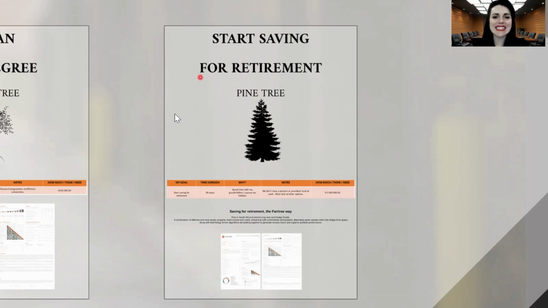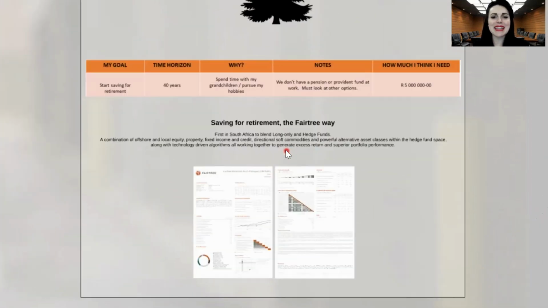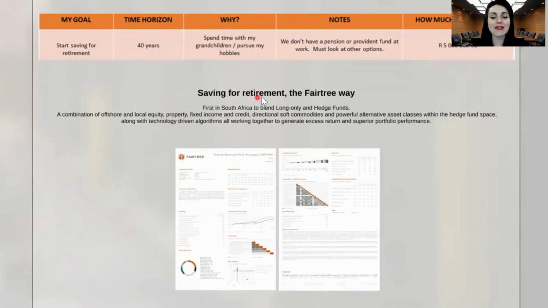Last but not least, our investment objective of starting to save for retirement. The pine tree, of course, would be the retirement annuity. So when it comes to saving for retirement, we have a different approach because we do blend our long only and our hedge funds.